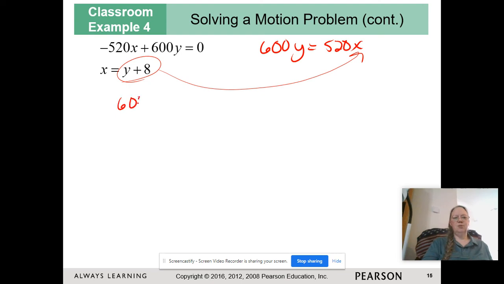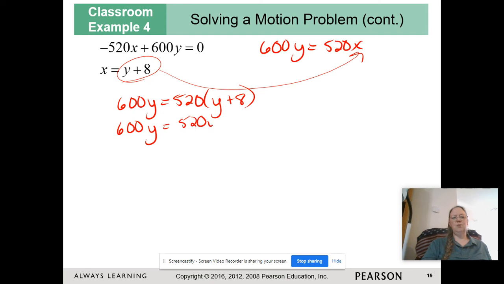So 600y is equal to 520. I could have done it either way, I guess. Distribute. 520y plus, no idea what that is. 520 times 8, 4160. And I'm going to subtract.